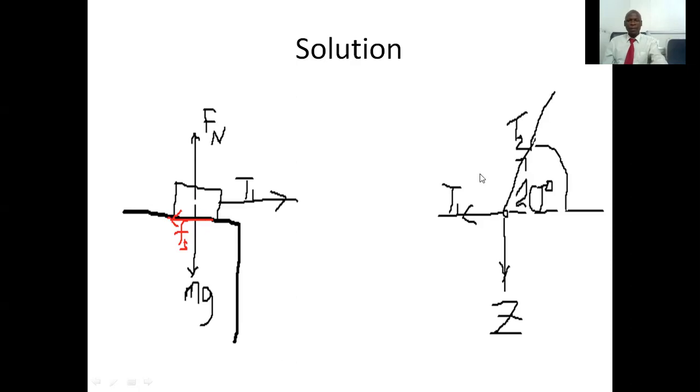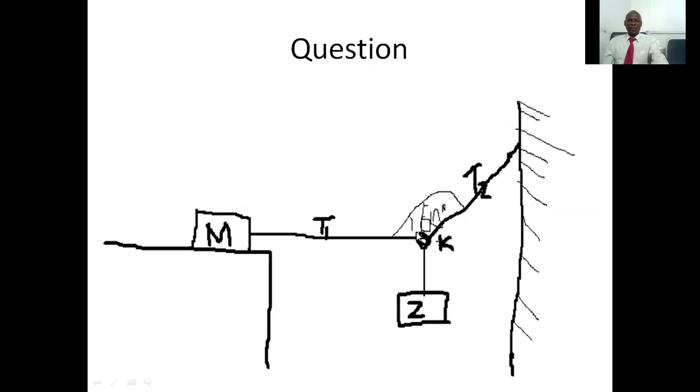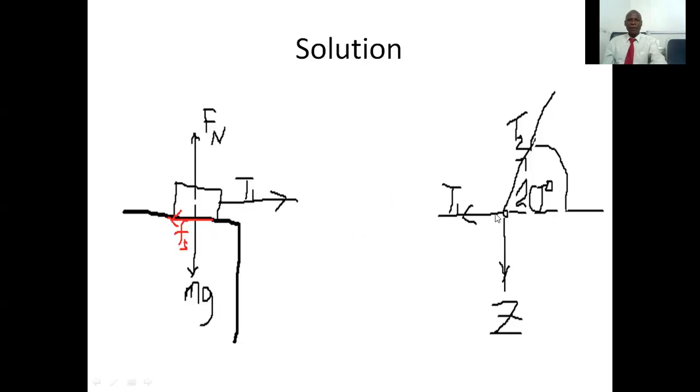So we come to system number 2, which has a knot at K. We note that T1 is now a force pulling in the negative direction, from here it's pulling this way. And then we have T2, which makes an angle with the horizontal.